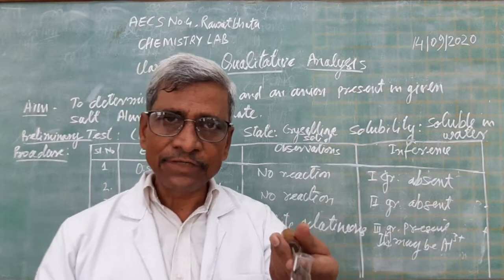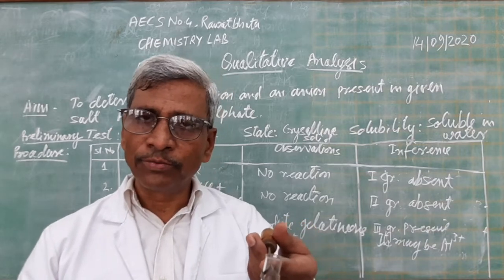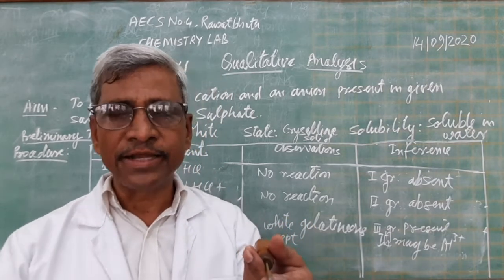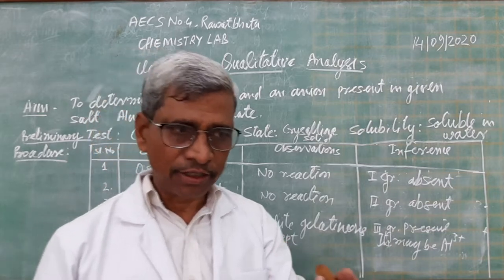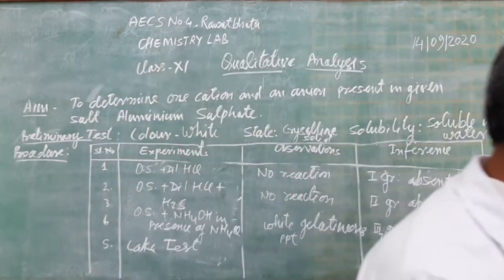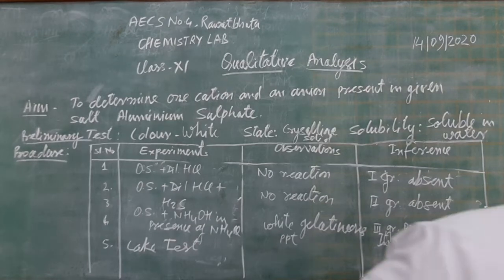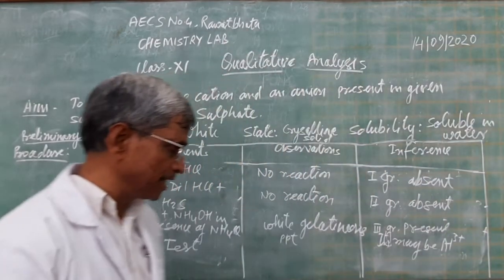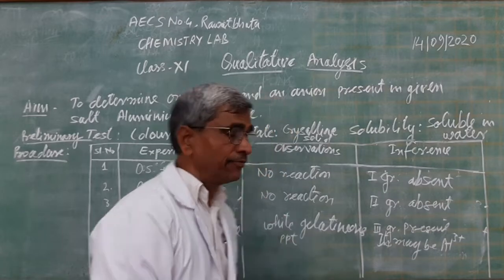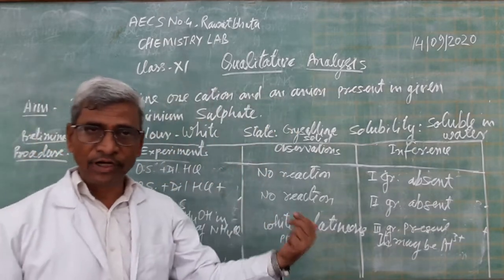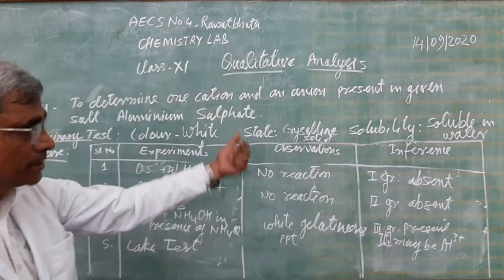Okay, in this way we are able to confirm aluminium as a cation in the given salt. Finally, we know the cations and anions present. One cation is aluminium, one anion is sulfate.